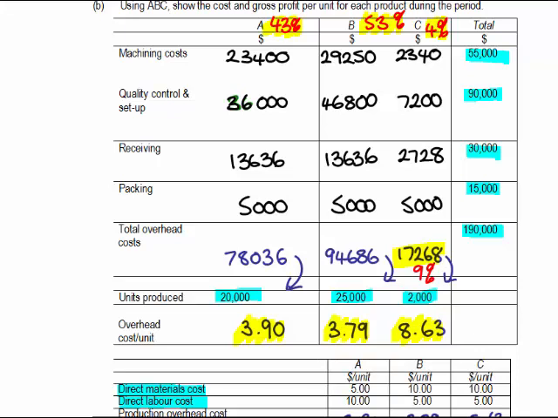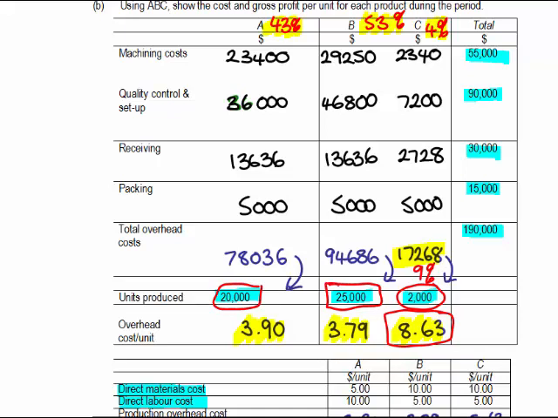However, the real impact that activity-based costing has had is that because we've got such a low volume product, when we actually take that 17268 and divide it by 2,000 units, our cost per unit is much, much higher than it is for the other two products because they've got much, much higher volumes and therefore the cost can be spread much more over a larger volume.